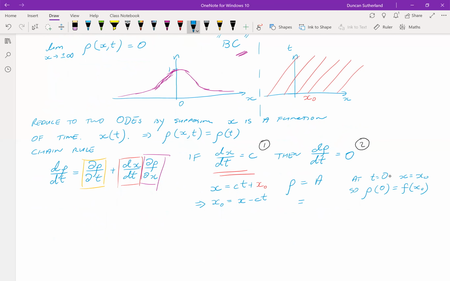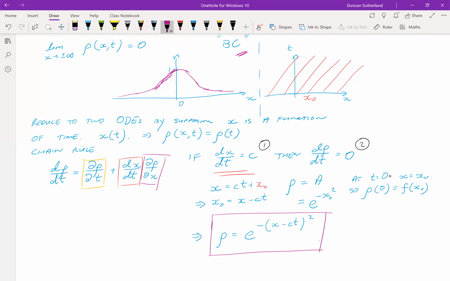And we find that rho must be equal to this. We know what x naught is. So we simply substitute back in. We found our solution to our partial differential equation.